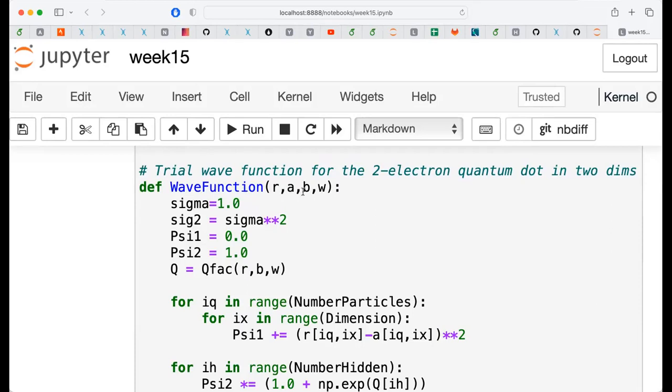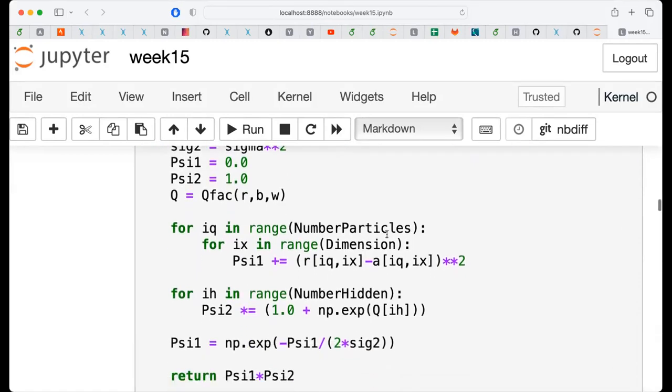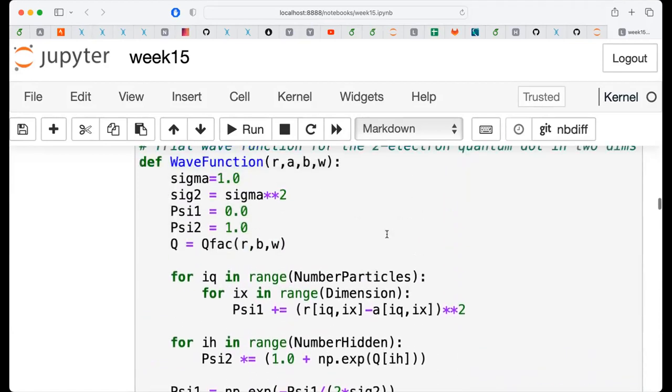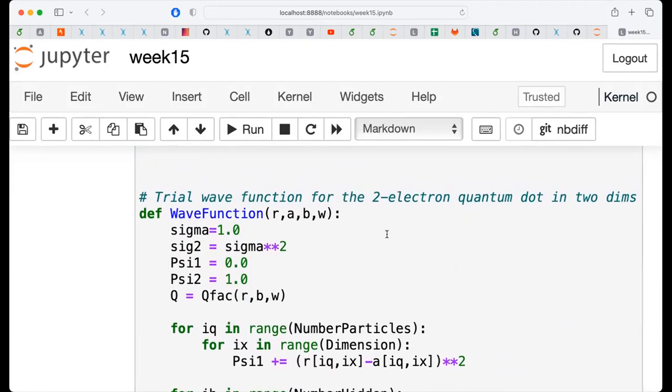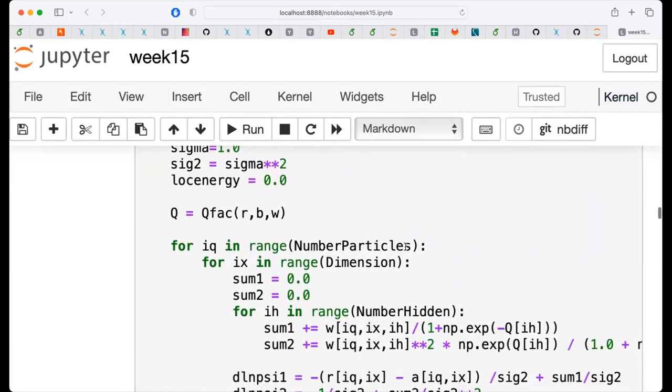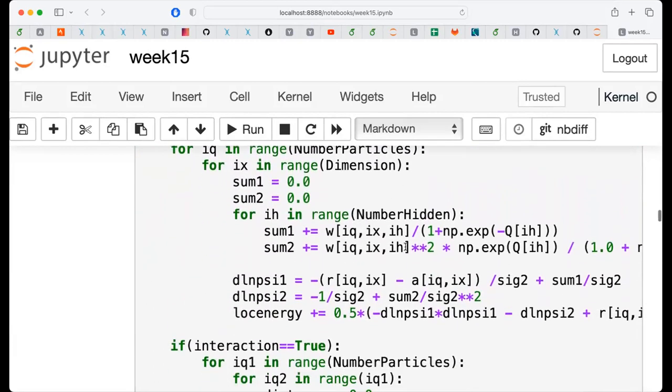And these are variational parameters, or in the deep learning literature, this would just be called training parameters. And then when you optimize this function by minimizing the energy, you will find then the optimal parameters A, B, and W. And in this specific case, I'm now setting up the local energy with this new wave function.